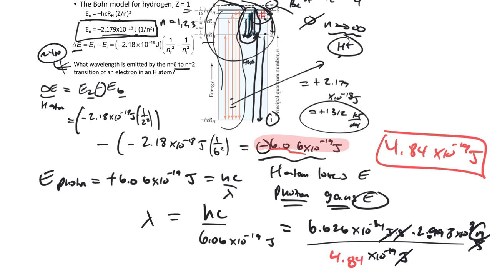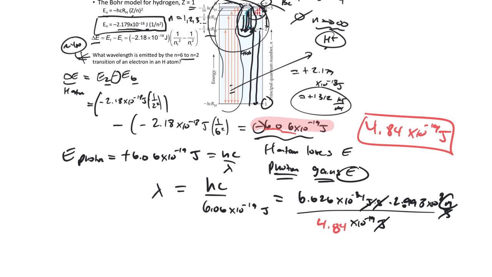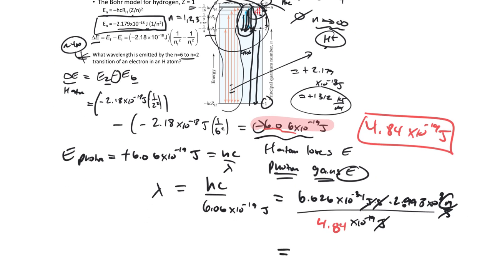Okay, that is looking better. Not sure how I screwed that up, but this works out to be 4.104 times 10 to the minus 7 meters.